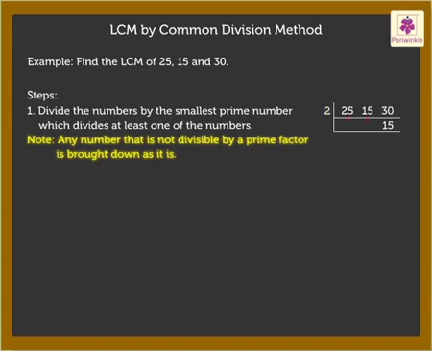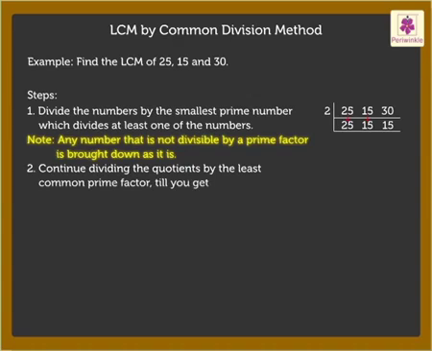So, we bring them down as they are. Step 2. Continue dividing the quotients by the least common prime factor till you get 1 as the quotient for all the numbers. Now, we take the next prime number, that is 3.